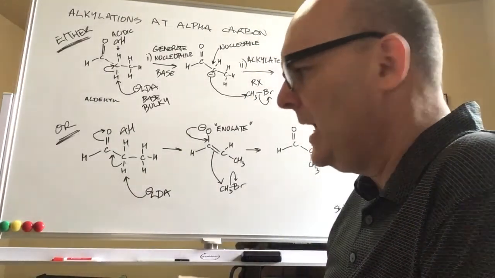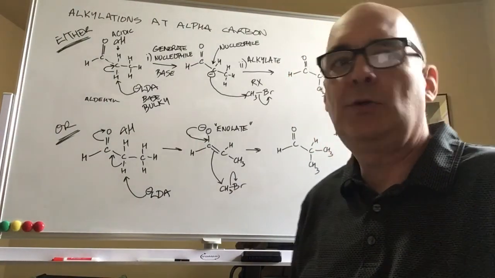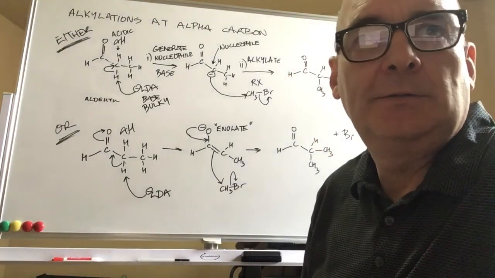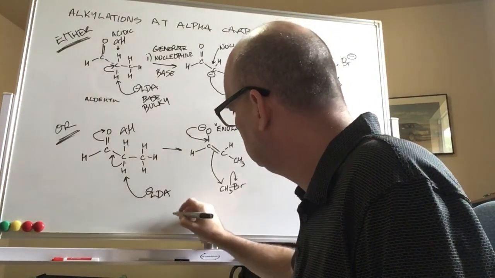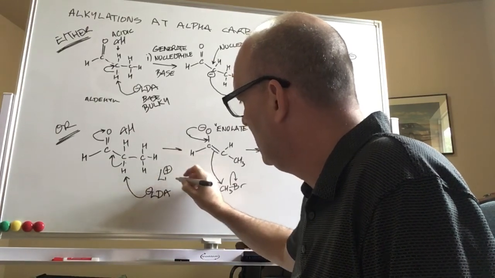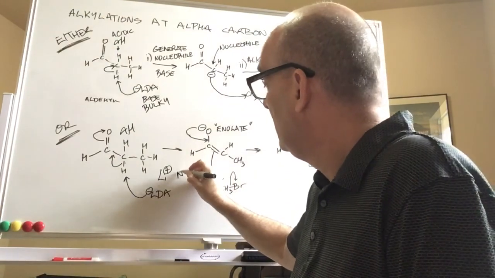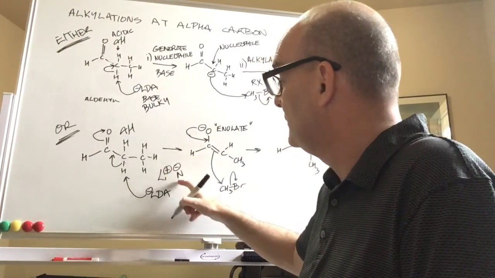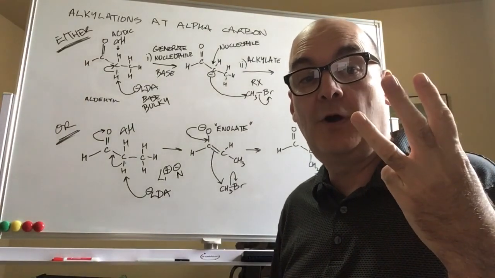And LDA is lithium diisopropylamide. Let me see if I can find a place to write it in. Here's a lithium. Lithium's going to be group 1, it's going to be a positive. That means that I can follow it with something that's a negative. Nitrogen, supposed to have 3 bonds.